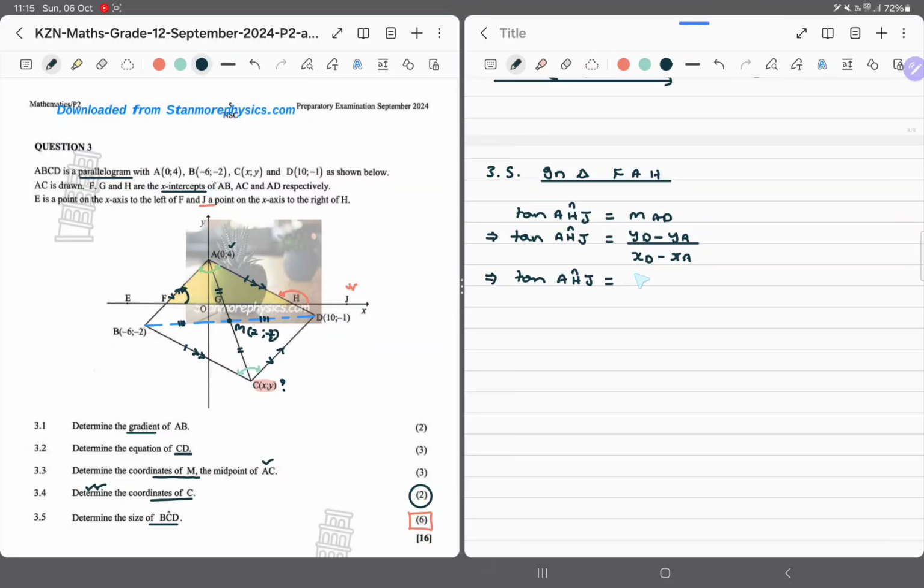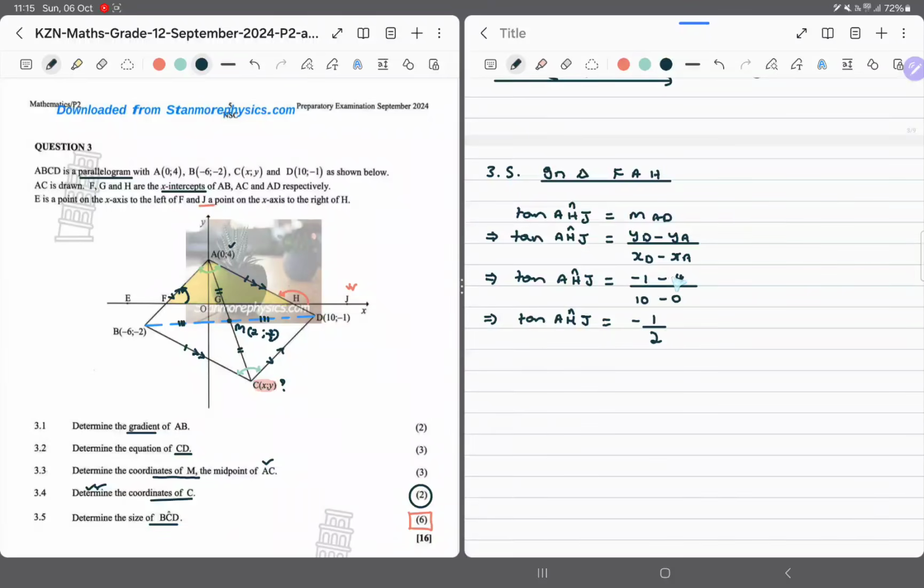Okay, y at D is minus 1, minus y at A, which is 4, divided by x at D, it's 10, minus 0. This implies that our tan of AHJ is equal to minus 1 over 2, right?